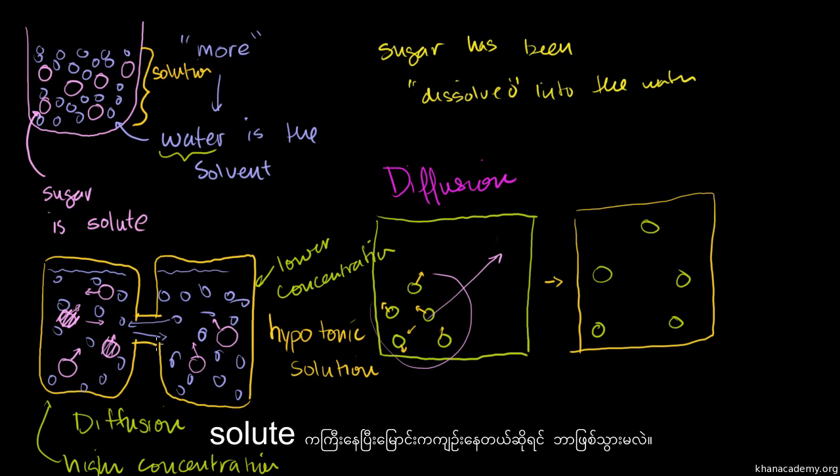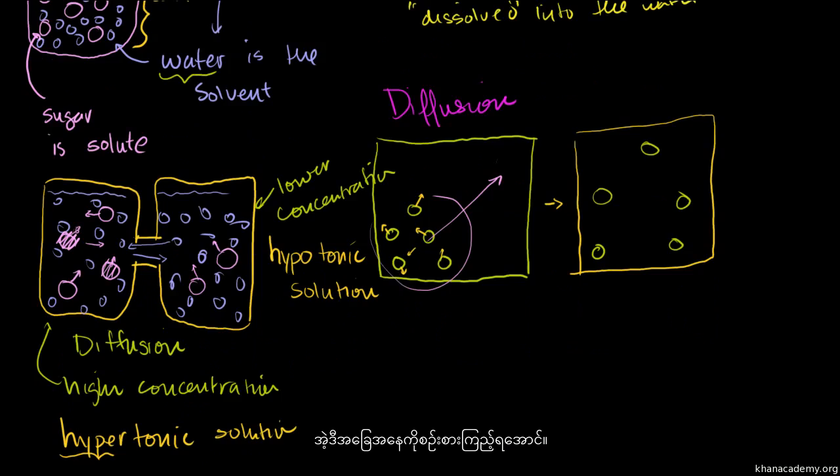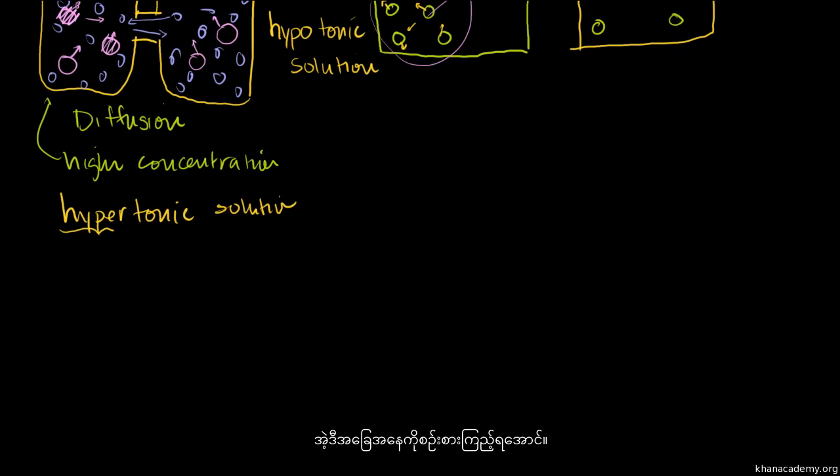But what happens if we have a tunnel where the solute is too big to travel, but water is small enough to travel? So let's think about that situation. In order to think about it, I'm going to do something interesting. Let's just say we have an outside environment that has a bunch of water.